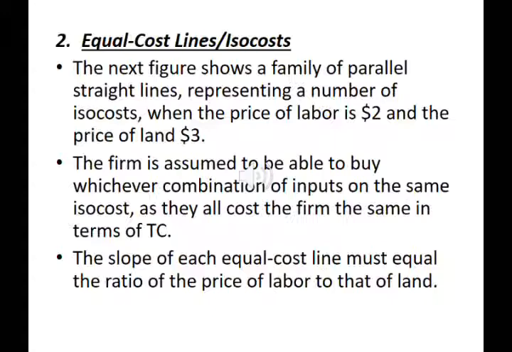The firm is assumed to be able to buy whichever combination of inputs on the same isocost. Why? Because all these different combinations that lie on the same isocost will cost the same for the firm. The slope of each isocost must equal the ratio of the price of labor to the price of land, as we will be able to derive in the next slide.